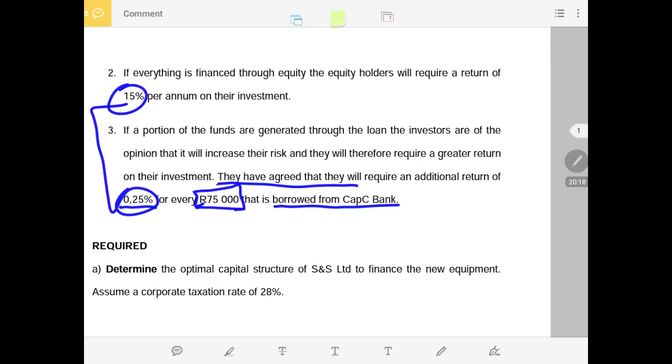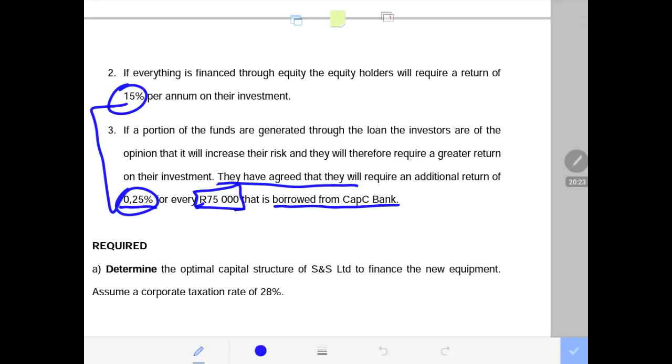So in this case, we did not take any of the 75,000 rands, meaning all the 575,000 rands have been taken through the loan in the bank.